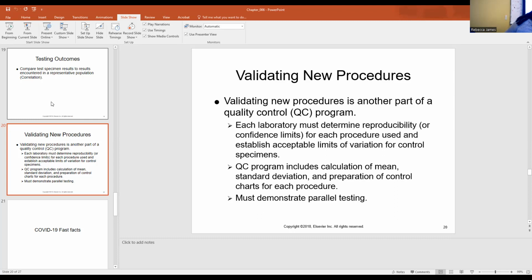Okay. And it says parallel testing of kits. So what that means is if you were introducing a new QC. So let's just say that you open up a bottle of QC and that QC is good opened for 14 days.